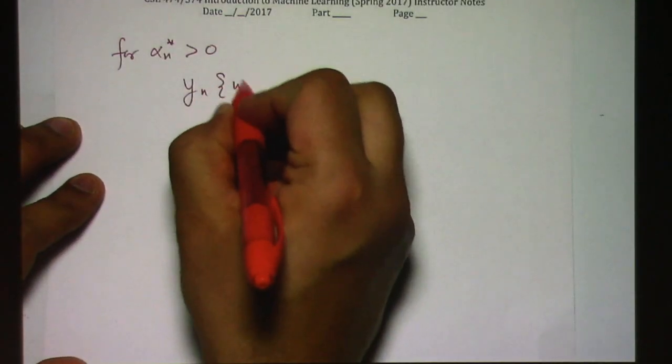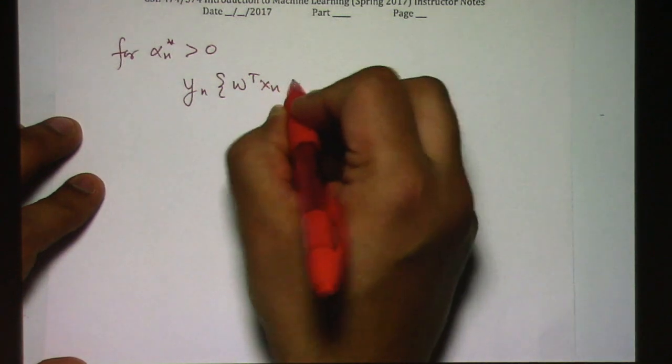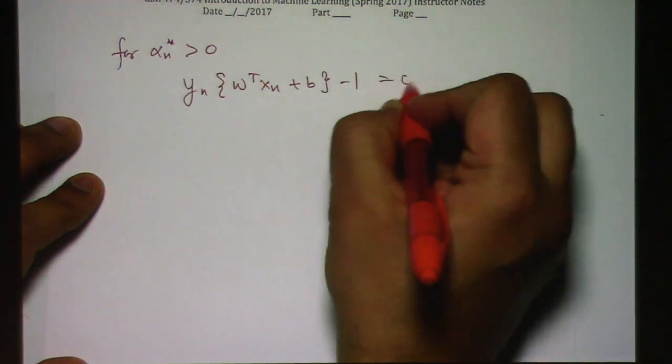All right. So another thing is that, of course, we didn't talk about B. Again, for those alphas that are greater than 0, one of the KKT conditions says that the constraint should be met. That means that the point should be on the margin, right?